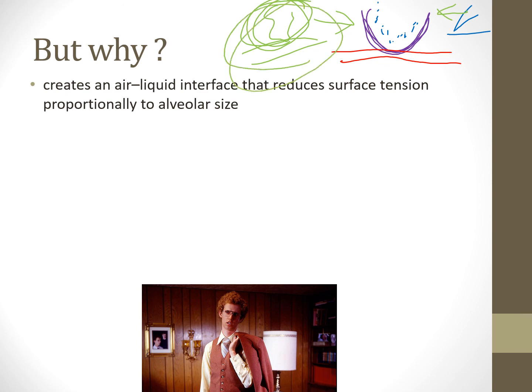We need to make sure, even if they're a term kid that was born with mature surfactant, let's say something happens and their surfactant gets nullified by a shunt. Let's say their PDA is open and then they had a massive amount of pulmonary edema. Well, pulmonary edema will dilute the surfactant that's in the alveoli and therefore cause atelectasis.